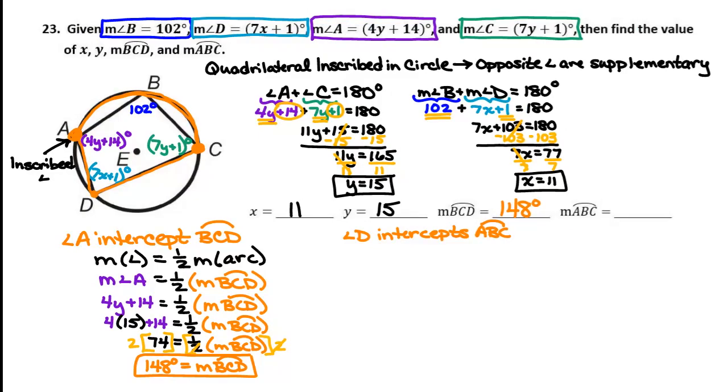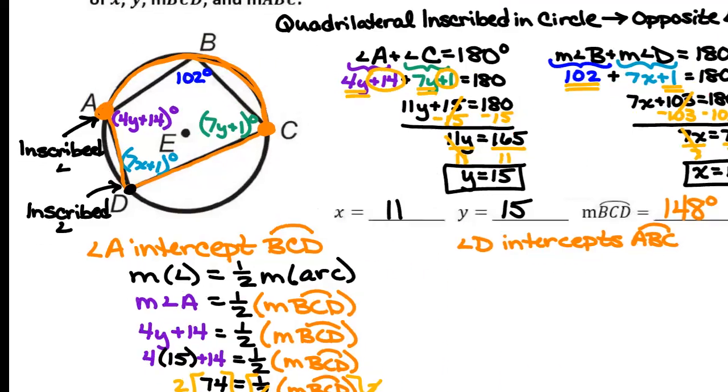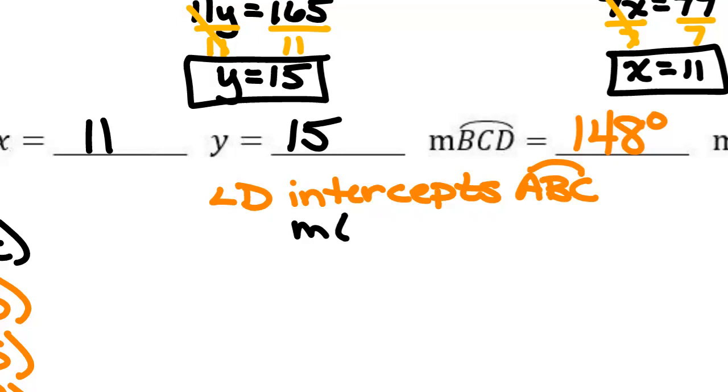What kind of angle is angle D? Inscribed angle. Its vertex is on the circle. So the measurement of my angle is equal to 1/2 times the measurement of the arc that it intercepts.